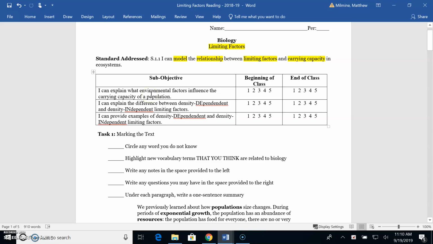A 5 would be you have heard it, you know it, you could take a test right now on it, and you would score 100%. So please take a moment, go through these first 3, and then we'll proceed. You may want to pause the video to do this.